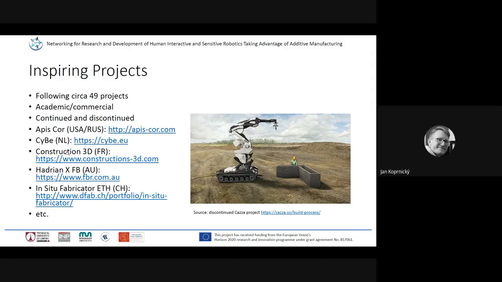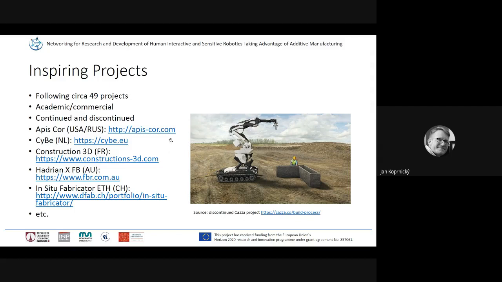From the list, the most important from our point of view, because we are focusing on mobile robotics and using these systems in construction, we can name Apis Cor, SAIBI, or Construction 3D, Hadrian X from Fast Brick Robotics, or In Situ Fabricator from ETH, and many others.